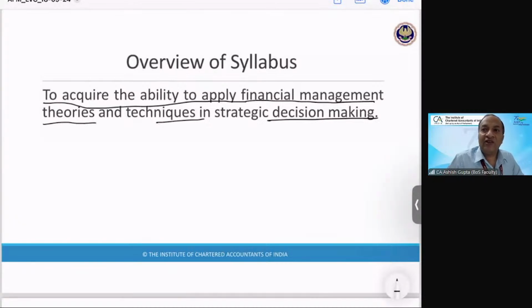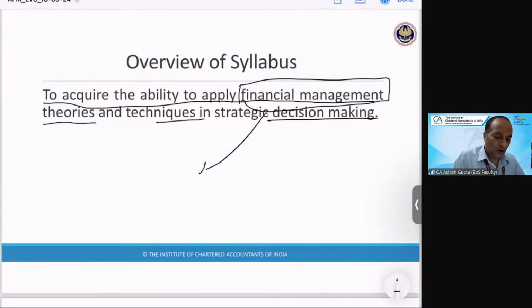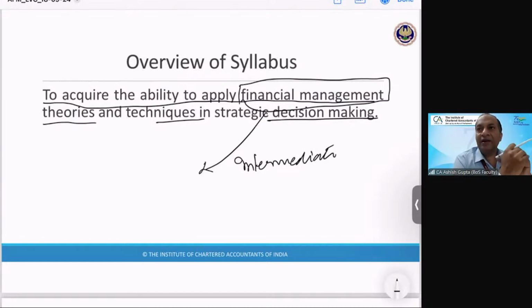Now, when we talk about financial management theories, student, of course, the topic of financial management is not new to you because you have gone through the same topic at your intermediate level. So, very importantly, you should understand what we have learned in financial management at the intermediate level, because there are many concepts covered there, like time value of money, cost of capital and NPV, and two or three more topics.